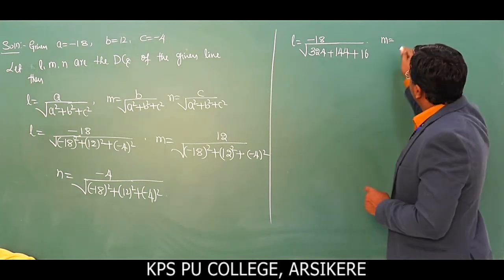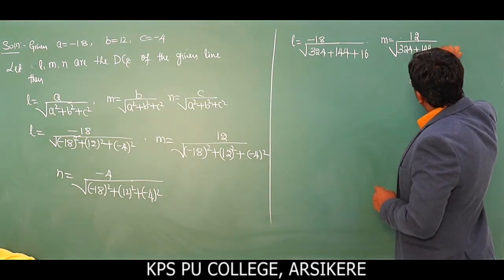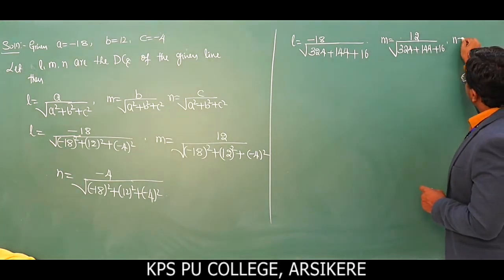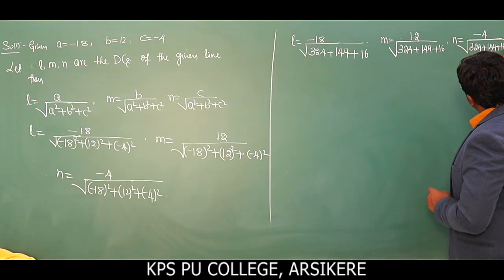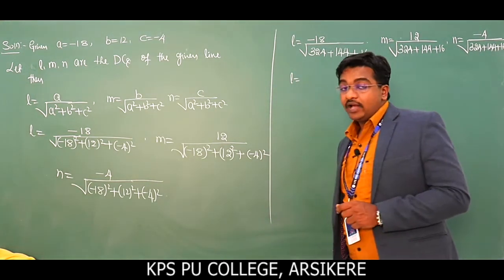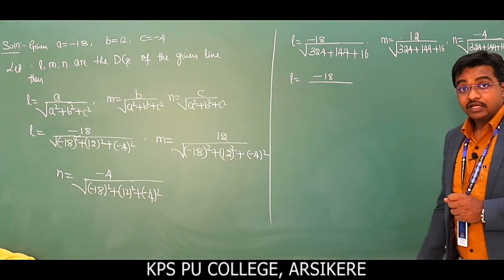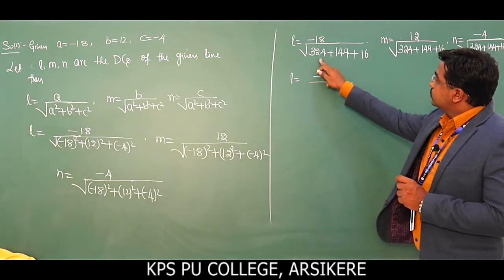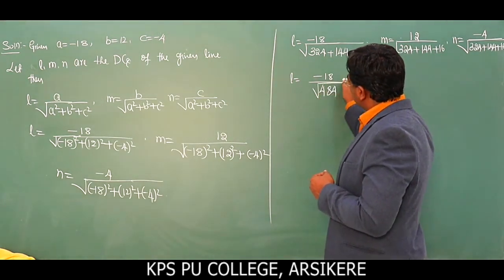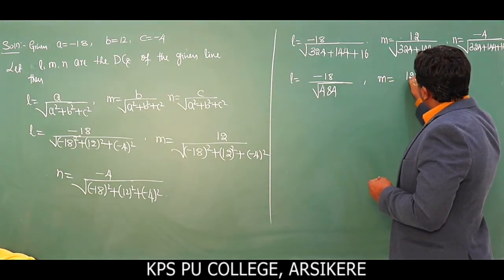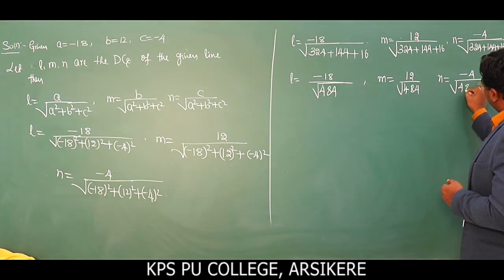Similarly, M is equal to 12 divided by the same thing, 324 plus 144 plus 16, and N is equal to minus 4 divided by the same thing. 324 plus 16 becomes 340, plus 144, that becomes 484. So L is equal to minus 18 divided by root 484, M is equal to 12 divided by root 484, and N is equal to minus 4 divided by root 484.